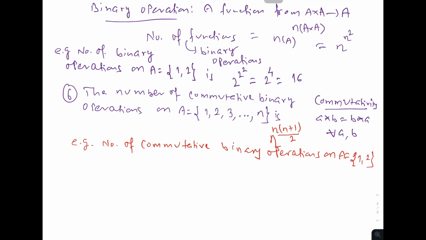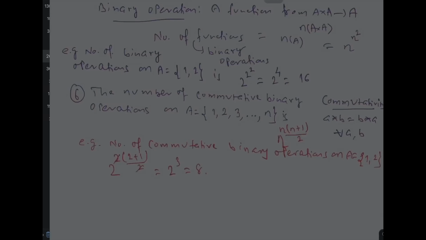So that is nothing but what? 2 power 2 into 2 plus 1 by 2, that is nothing but 2 power 3, and so that is nothing but 8. So there are 8 binary operations you can define on a set having 2 elements which are commutative.